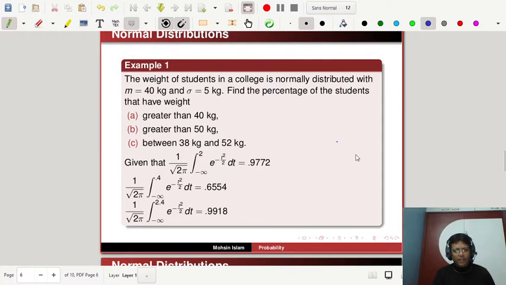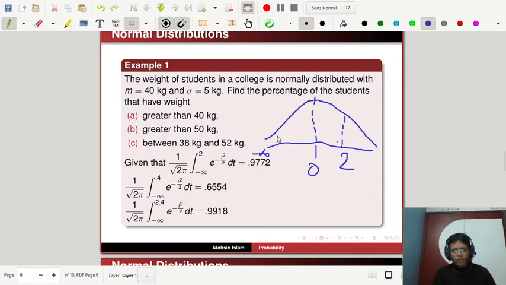What is the meaning of that? You have this normal curve, bell-shaped curve. This is the origin, and this is suppose minus infinity, and 2 is somewhere in the positive direction. So this region, minus infinity to 2, the area of the region or the probability value is given by 0.9772.